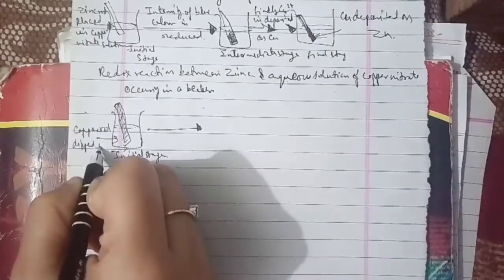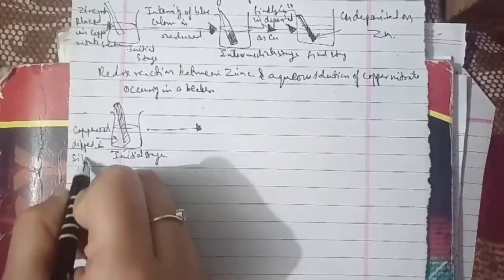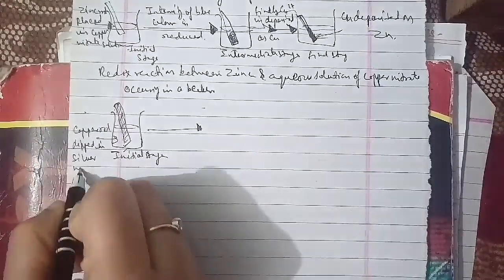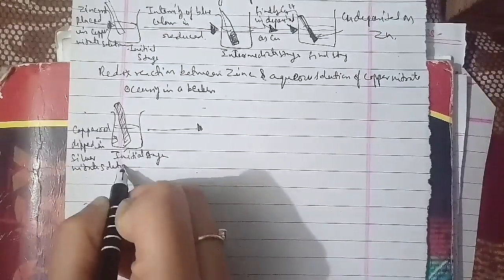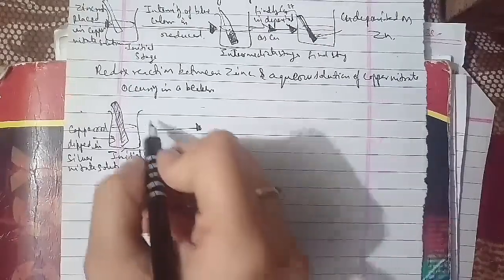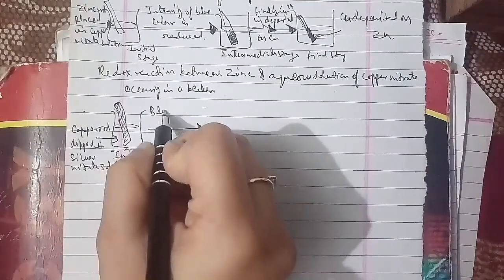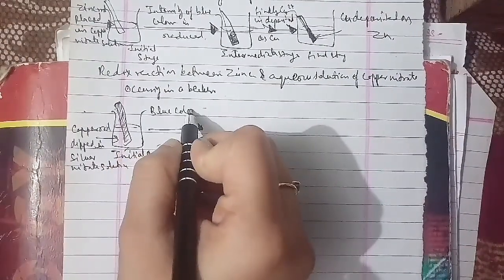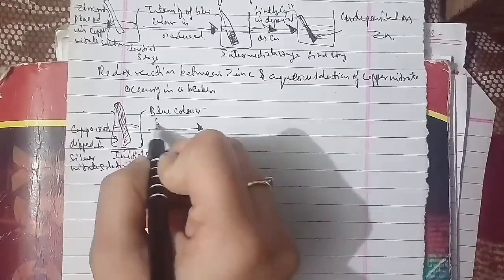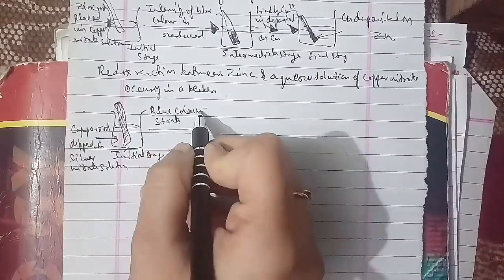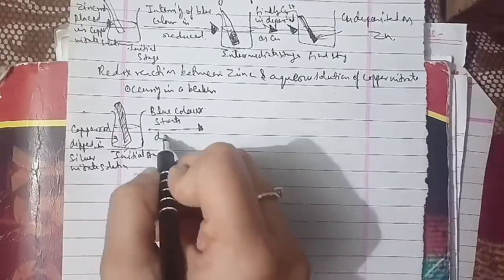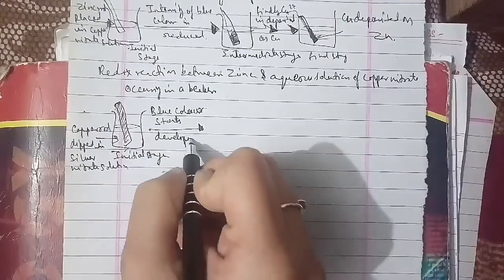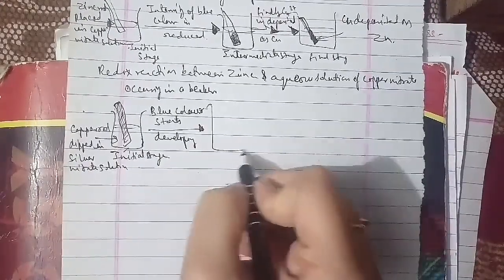Here the blue color starts developing. In the next stage, the copper has been removed.